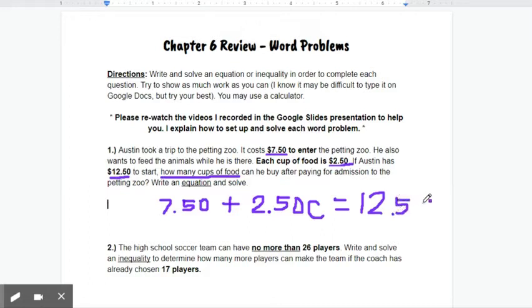Austin didn't bring more than that to the petting zoo, so obviously he cannot spend more than that. For this problem, you're going to use the reverse order of operations, or SADMEP. When you get your answer, make sure to label it. So the label is cups.